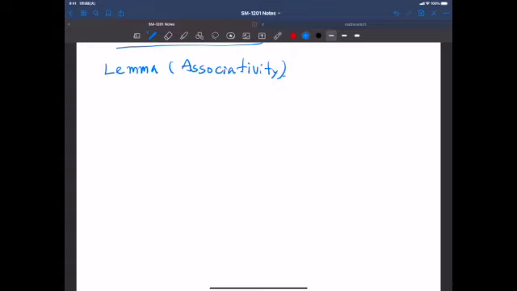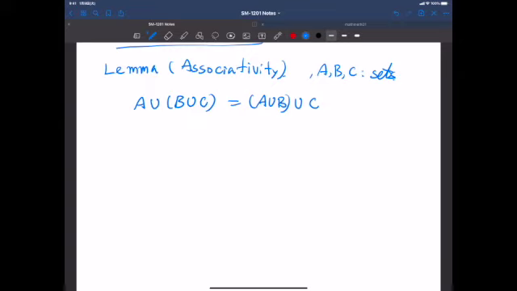So this means if we have A, B, C sets, A ∪ (B ∪ C) is equal to (A ∪ B) ∪ C. This means first we take the union between B and C, then take the union between A and B ∪ C. So this is associativity, means that this is equal to this.